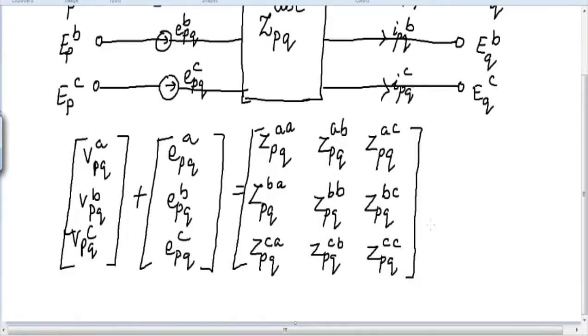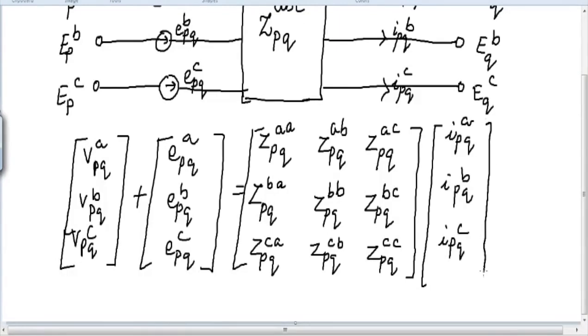And here we will have I_PQA, I_PQB, and I_PQC. Let us give this equation number as equation number 1. Okay.